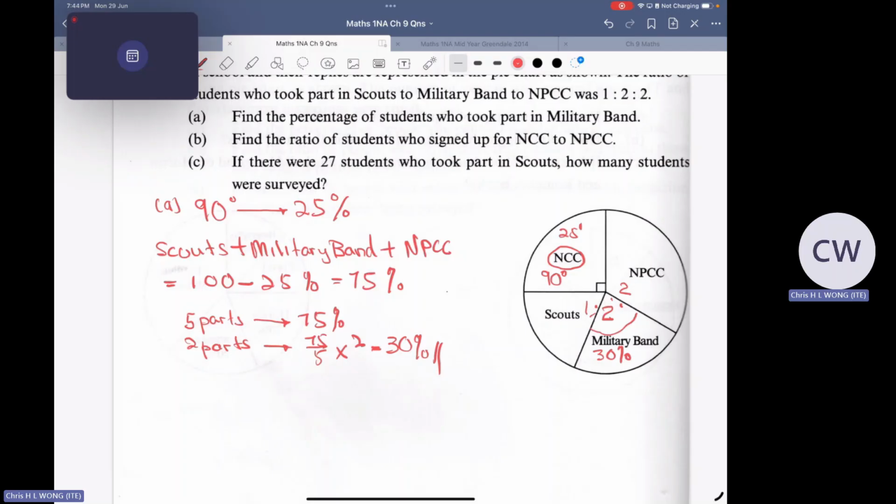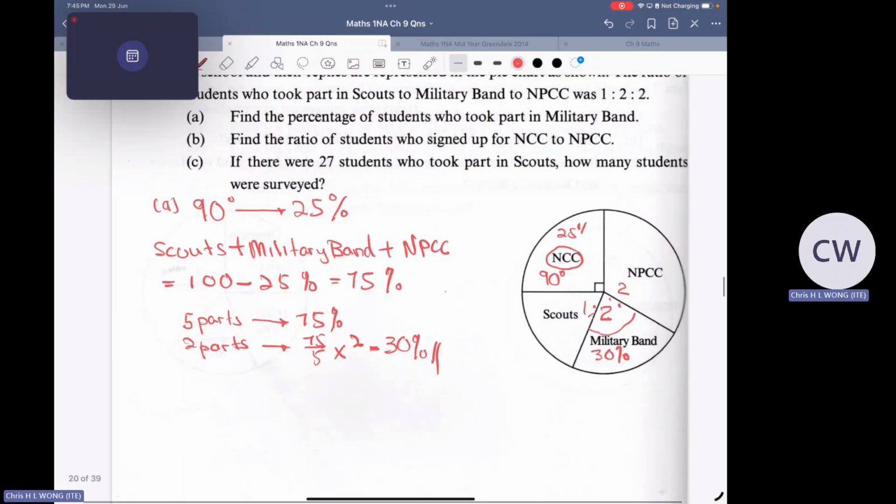If I have degree here and degree here, I can form the ratio. If I have percentage, 25% here and a percentage here, I can also form the same ratio.